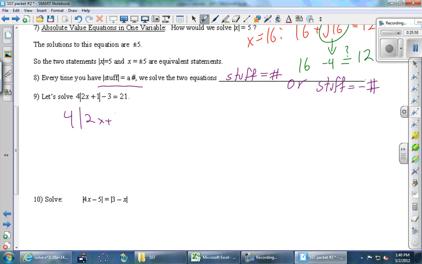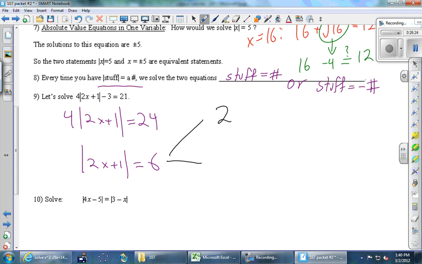So we will add 3. And then divide by the 4. And now I have absolute value equals a number. So this thing branches off into 2 pieces.